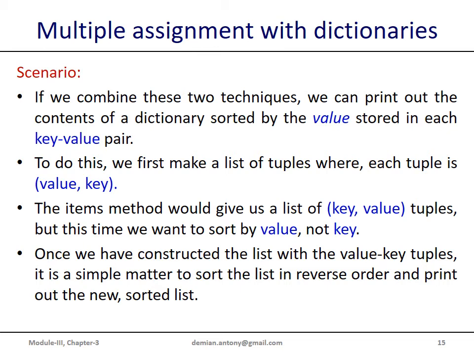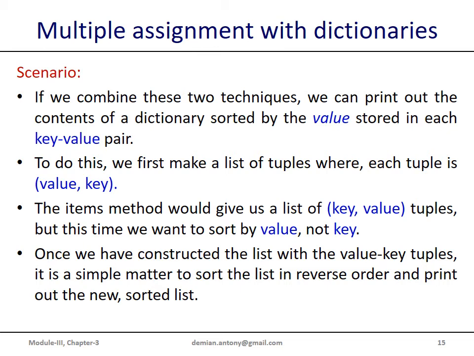We are interested in printing the dictionary elements in the descending order of the values present in the dictionary, not based on the keys. How to use these three language constructs to generate the sorted dictionary items based on the values?